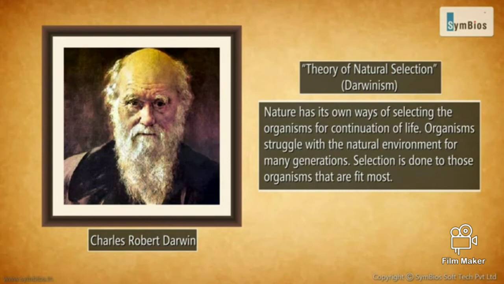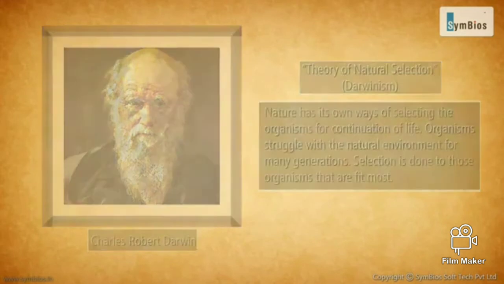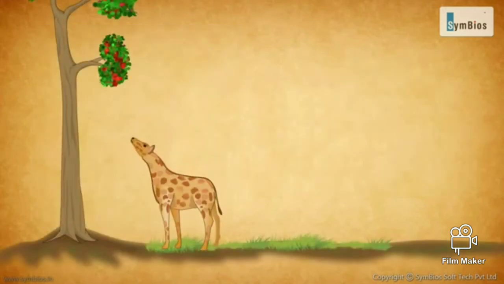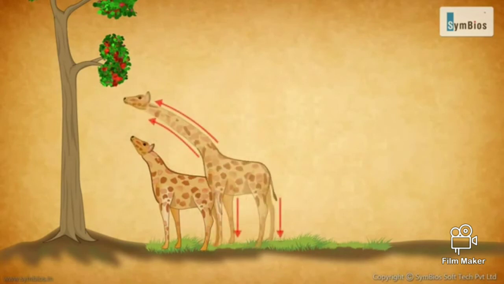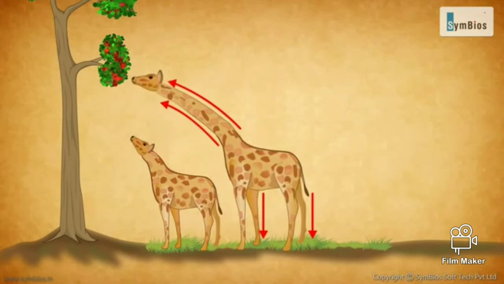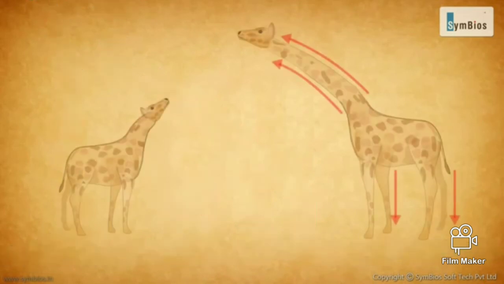Selection is done to those organisms that are fit most. For example, giraffes were forced to extend their necks and stretch their legs to reach higher vegetation over a period of time. This resulted in every generation having a little longer neck and legs than the previous one.